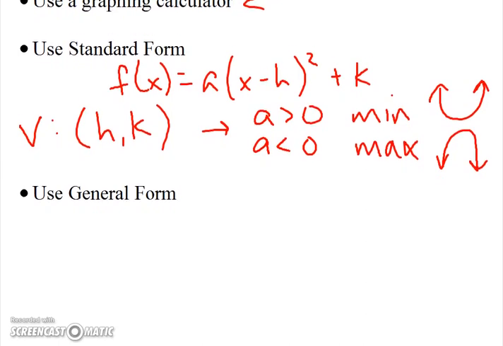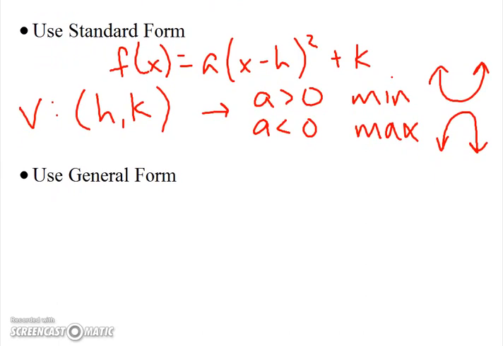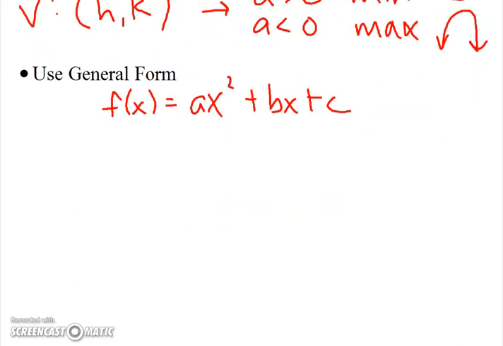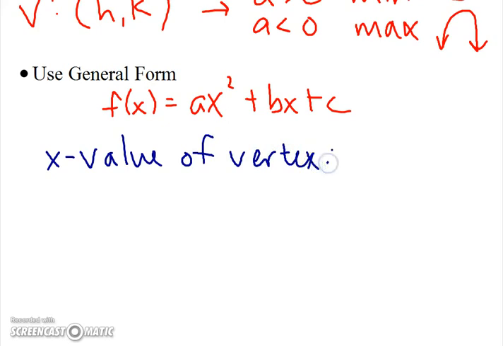And then general form. Remember, general form is f(x) = ax^2 + bx + c. This is the one that some of us have probably forgotten. We find the x value of the vertex using the formula x = -b/2a.